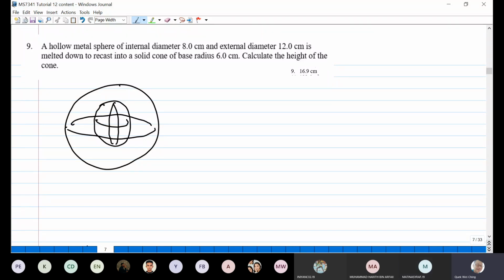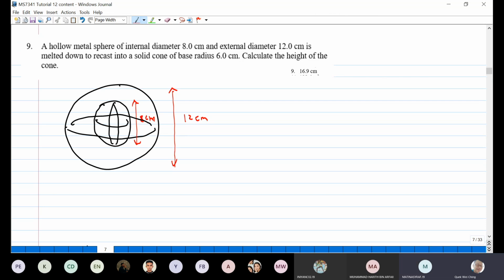The inside diameter is 8 cm, and the diameter outside is actually 12 cm.